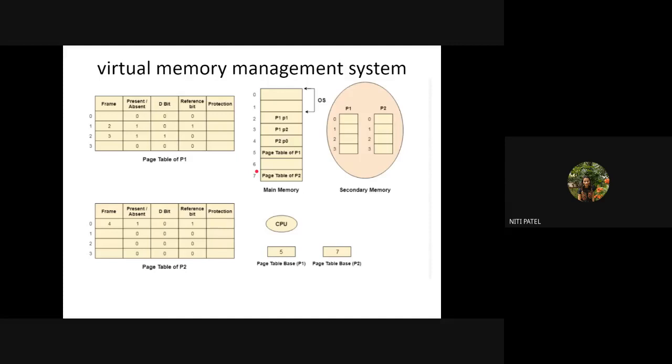Am I correct up till here? Yes, ma'am. Okay. The CPU will generate a logical address, which is nothing but page number and offset. Where do we get the page number from? From the page table. Therefore, indirectly the CPU will access these two page tables in order to get an entry inside the main memory.